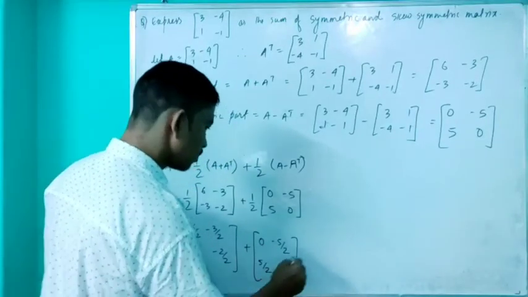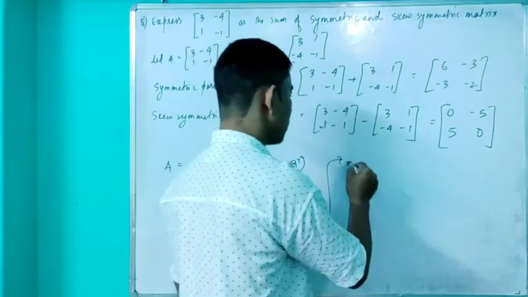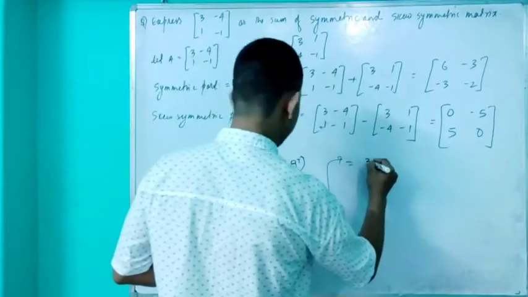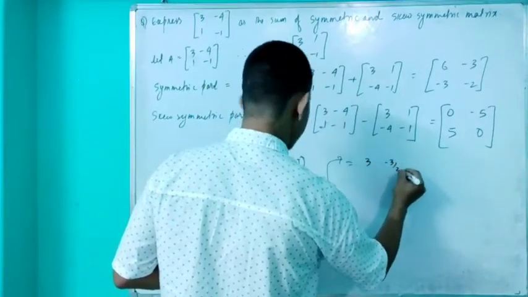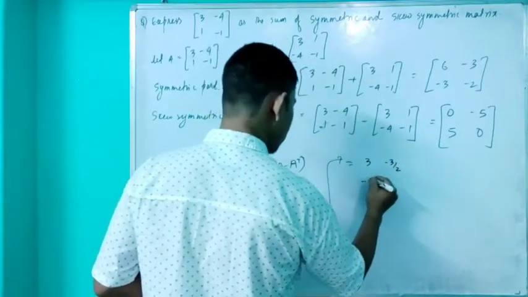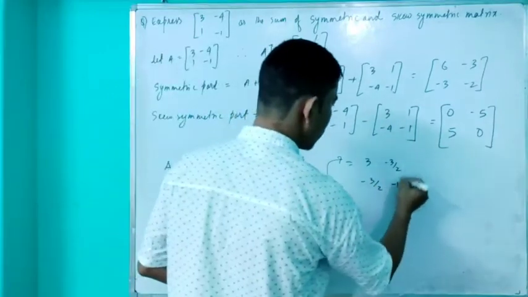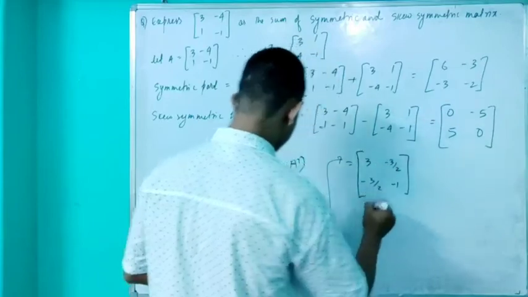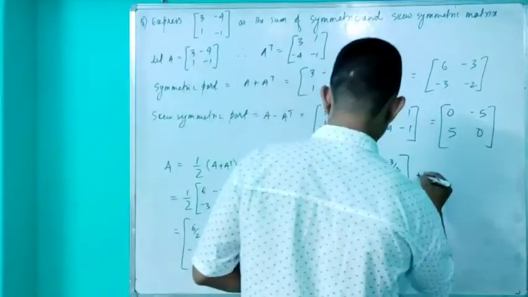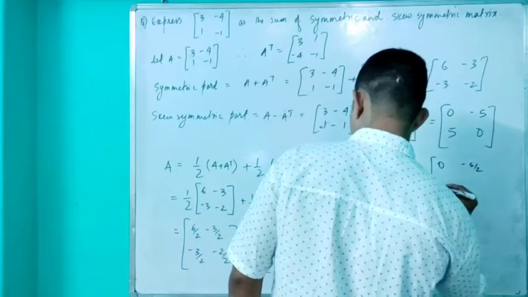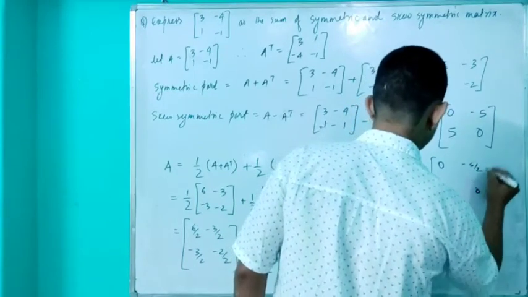So now on adding these elements, what will I get? 6 by 2 is 3, then minus 3 by 2, and again minus 3 by 2, and minus 2 divided by 2 is minus 1. And on the other side it's simply 0, minus 5 by 2, 5 by 2, and then 0.